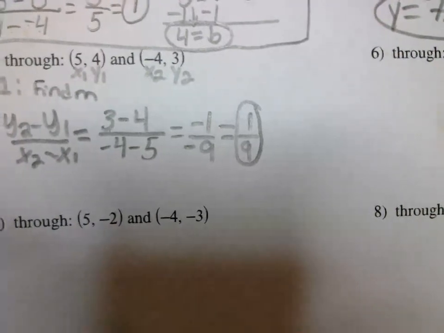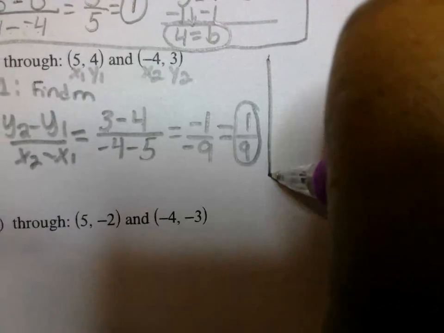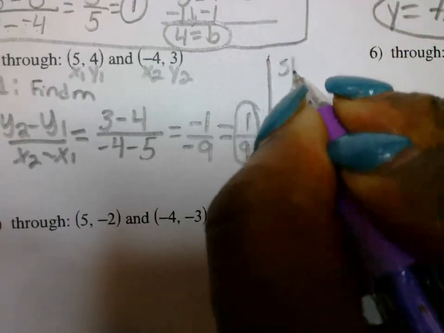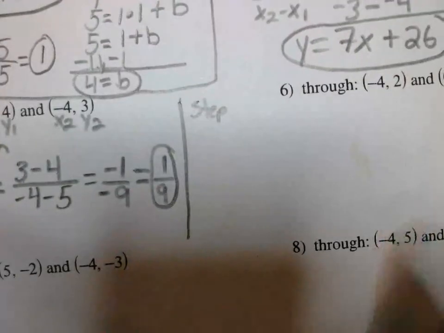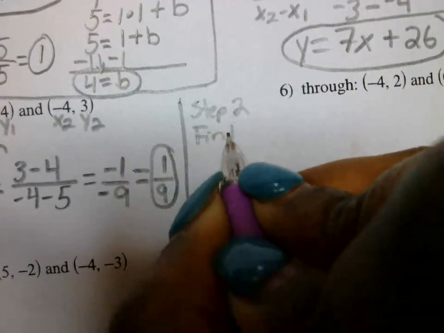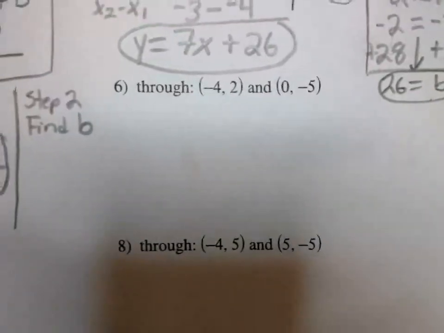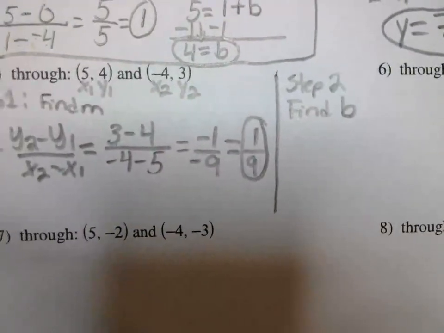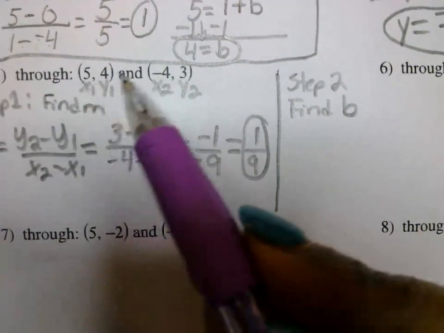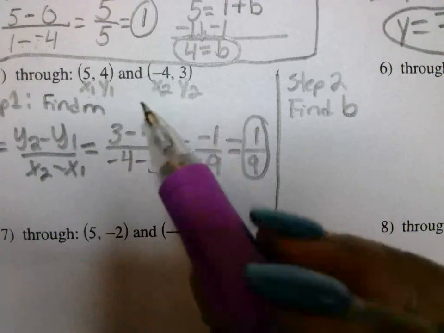All right. What's the second step? Find B. Step 2, find B. Which one of these points do you feel like is going to be the easiest when it comes to substituting?